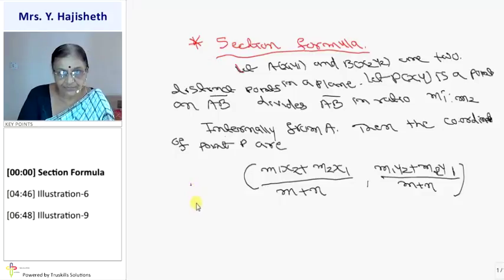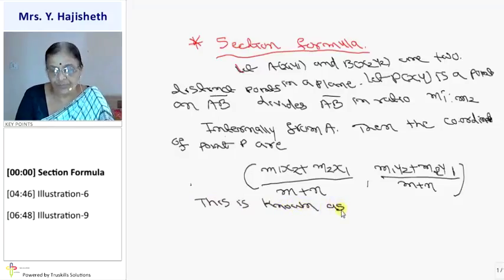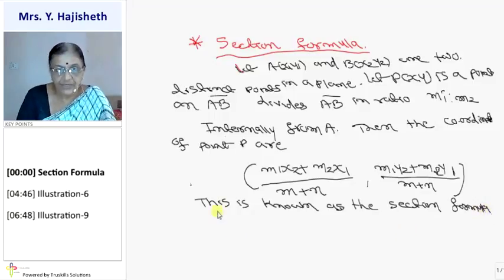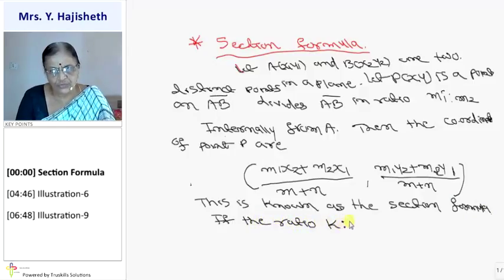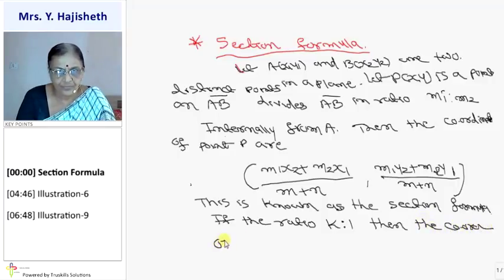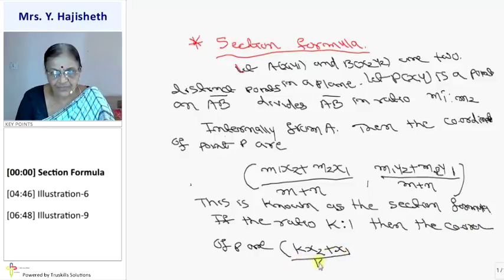This is known as the section formula. If the ratio is k is to 1, suppose the ratio is not in fraction but in whole numbers like 2:1 or 3:1, then what are the coordinates of P? Then coordinates of P are (kx2 plus x1) upon (k plus 1), comma, (ky2 plus y1) upon (k plus 1).